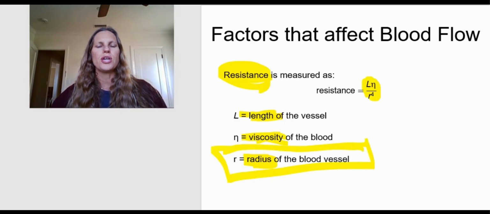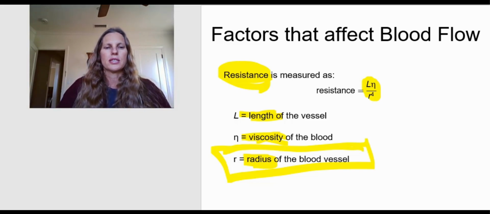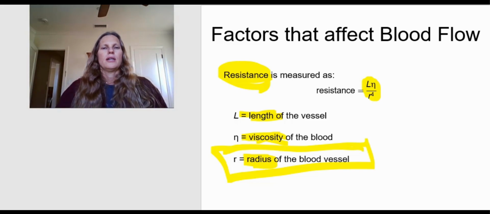The two things that we're going to care a lot about are the radius and the pressure. The radius of the tube is a big one. It's to the fourth power. That's an exponential kind of a deal there. So that's something significant. And the pressure, mean arterial pressure, the pressure in the system. Those are the two things that are going to be the biggest players for us.